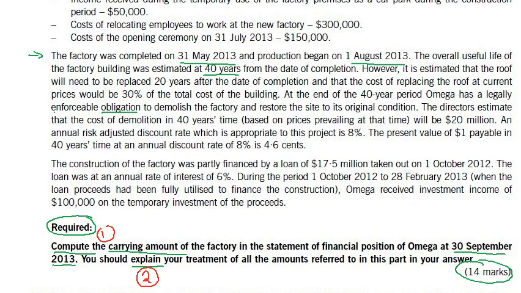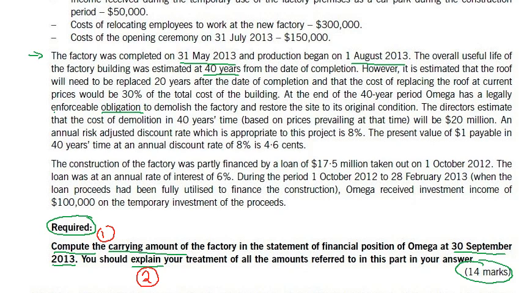At the end of 40-year period, Omega has a legally enforceable obligation. So it is an obligation to demolish the factory and restore the site to its original condition. The directors estimate that the cost in 40 years' time, based on prices prevailing at that time, will be 20 million. So we are given the cost at the end of 40 years. Now we need to discount it to the present value.